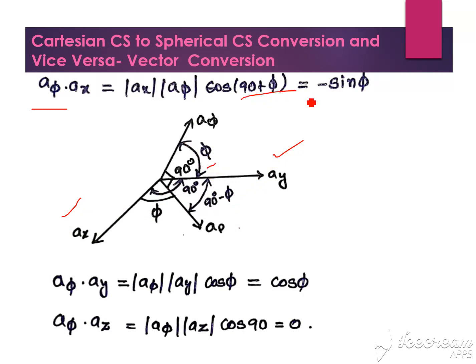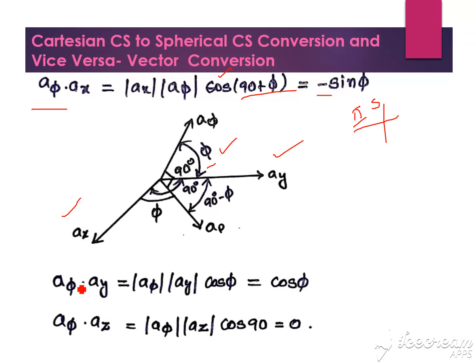Total angle is 90 plus phi. Again 90 plus phi is in the second quadrant. In the second quadrant, only sine has a positive sign. Here we have cosine, so we have a negative sign. We can find this value by simple angle arithmetic, and like the previous case, we derive the value, minus sin phi.